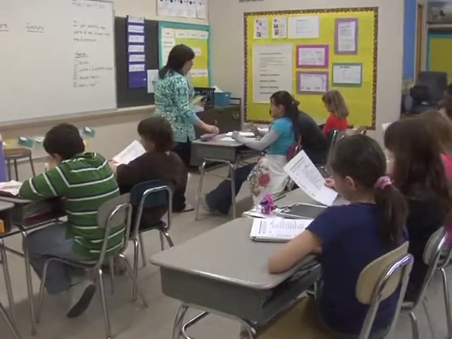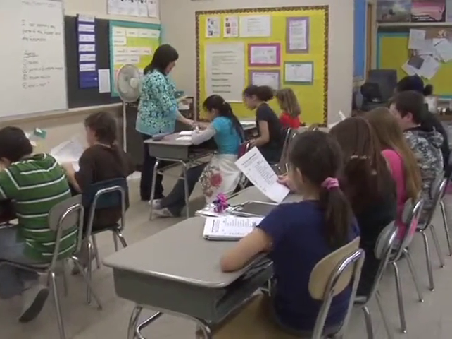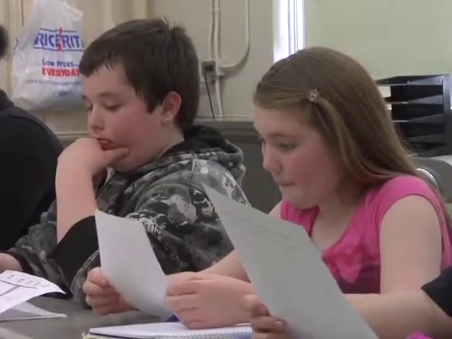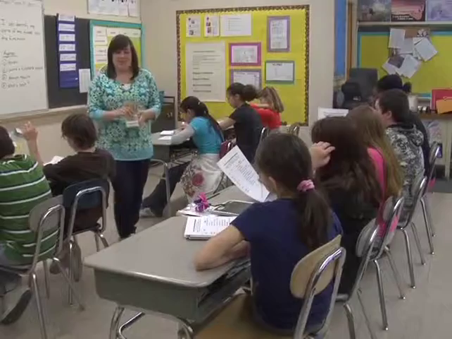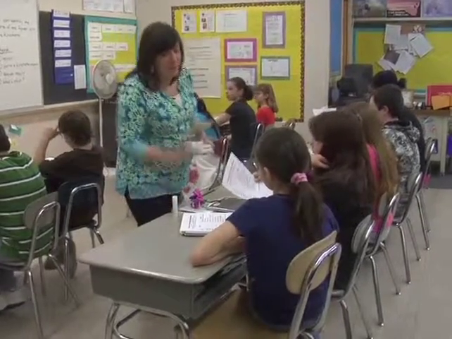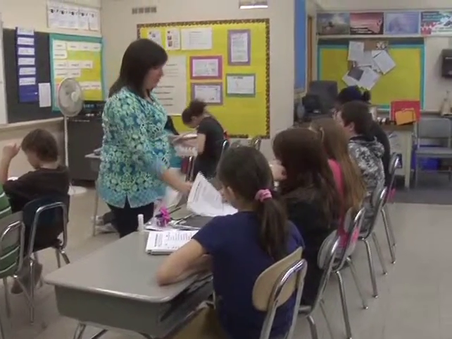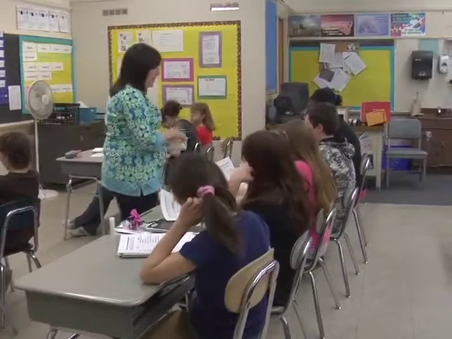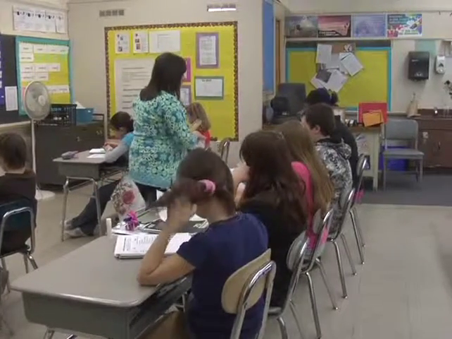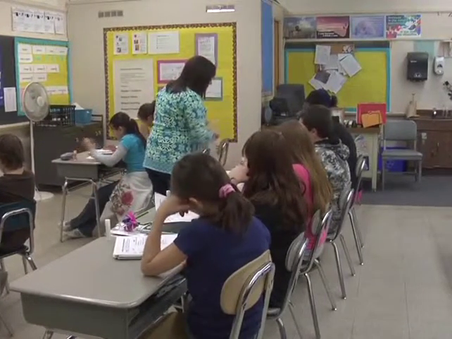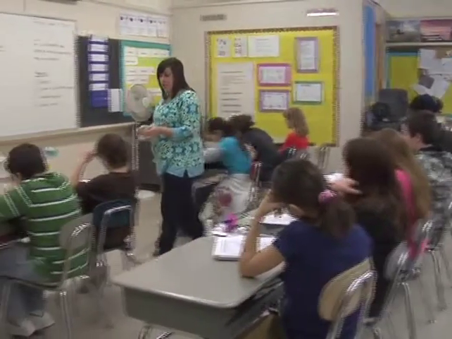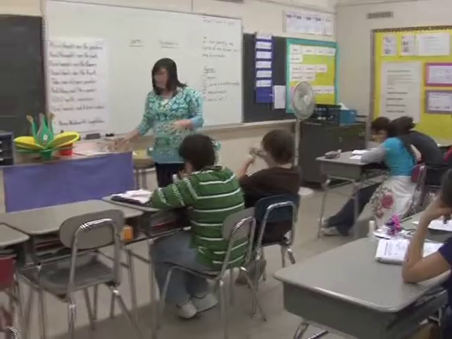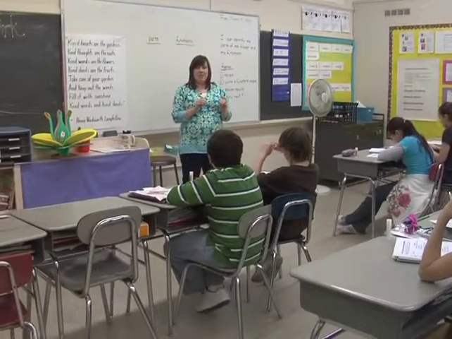On the left side is a whole list of the parts of the flower. And on the right side is a whole list of the what? The functions. But if you notice, your parts and your functions aren't matched up yet. That's going to be your job. You're going to have to go through, cut out your parts, cut out your functions, and arrange them on your desk so that they're matched up.